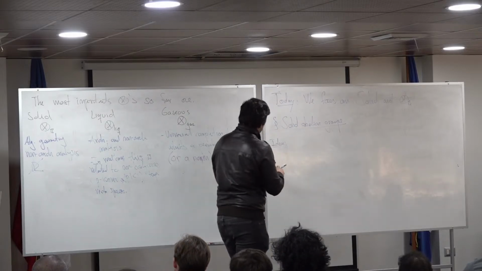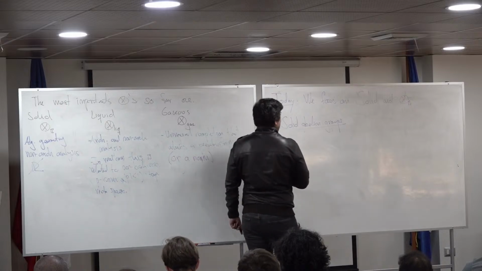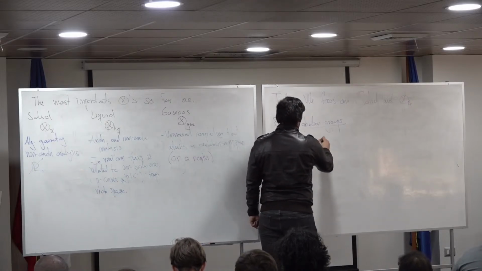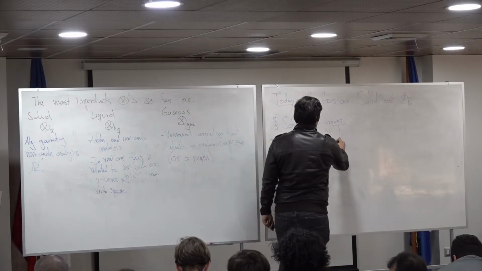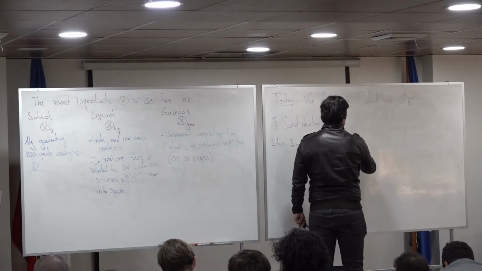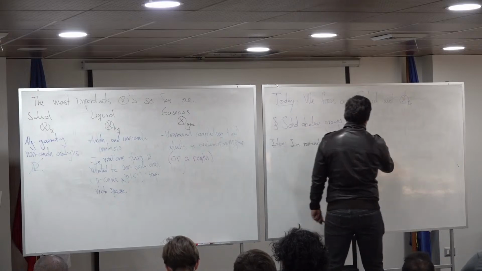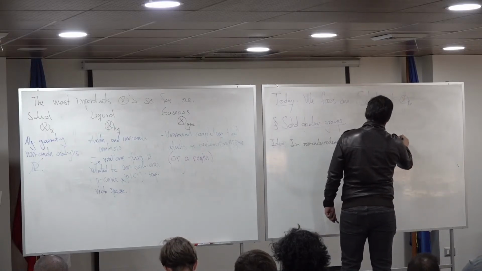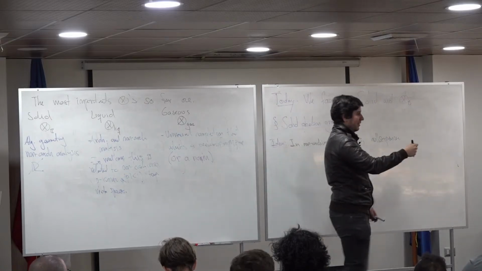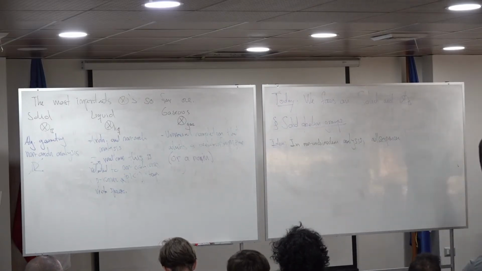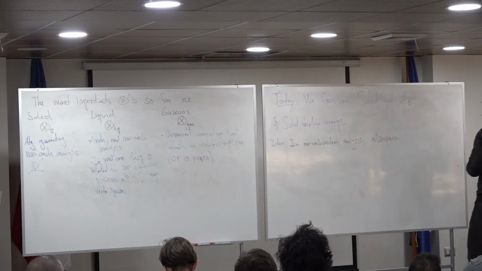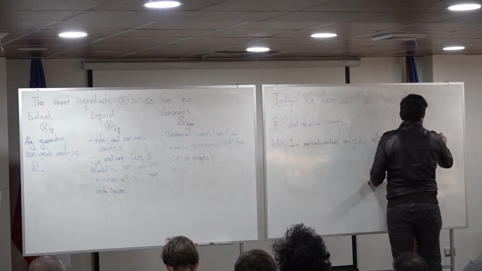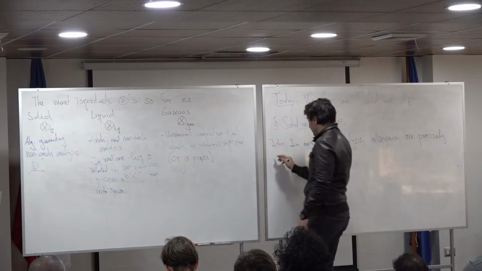Which is the following. In non-Archimedean analysis, null sequences, so sequences that go to 0, are precisely the summable sequences.